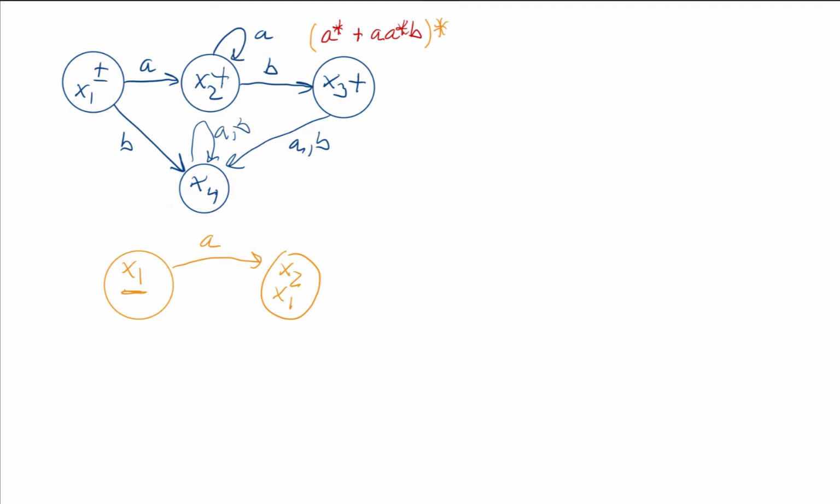This is a final state, and this is a final state as well, but it already has x1 in it. Let's keep going. If we're in x1 and we get a B, we go to state x4. If we're in state x2 and we get an A, we stay in x2.